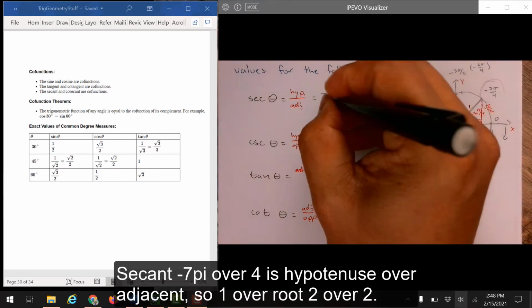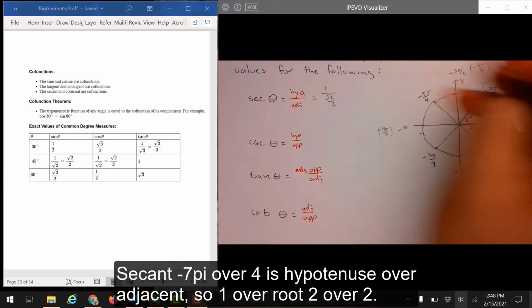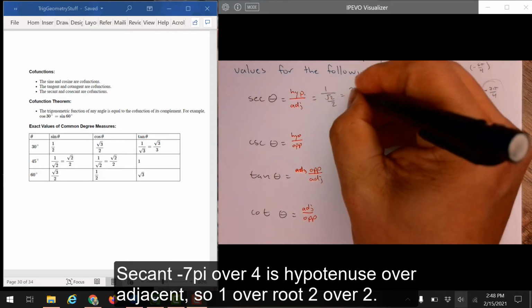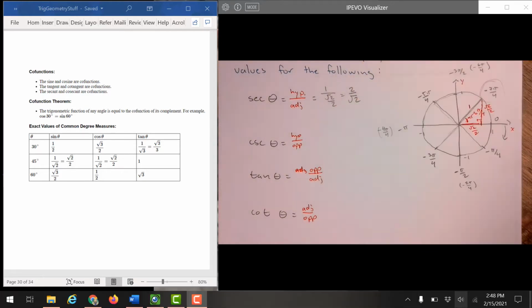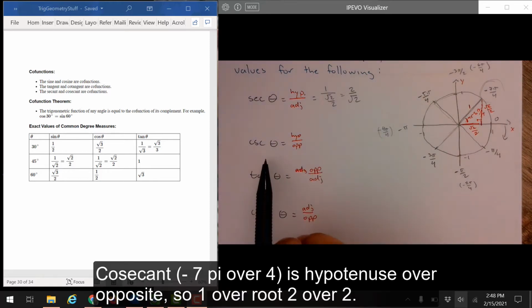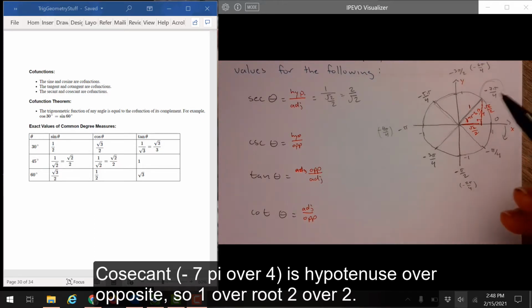Secant negative 7 pi over 4 is hypotenuse over adjacent, so 1 over root 2 over 2. Cosecant negative 7 pi over 4 is hypotenuse over opposite, so 1 over root 2 over 2.